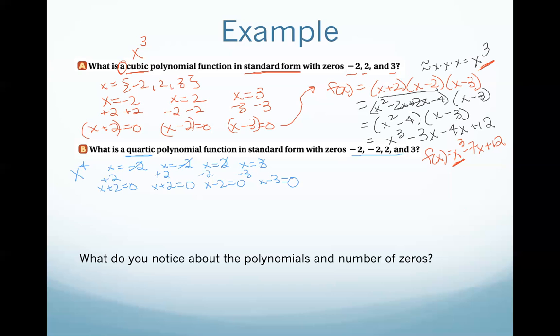Anytime a number crosses an equal sign, it switches from positive to negative. And a lot of times if we don't do that step, we end up with something like x minus 2, x minus 2, x plus 2, x plus 3. But notice that's not the same as what we have here. Okay, so don't try to skip that step.